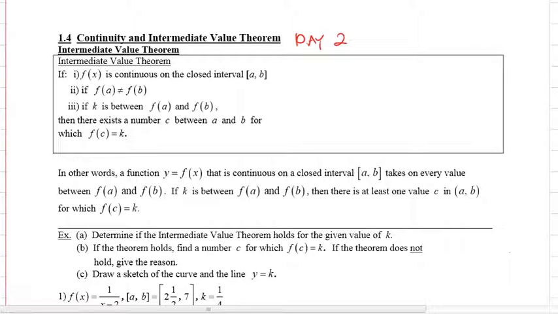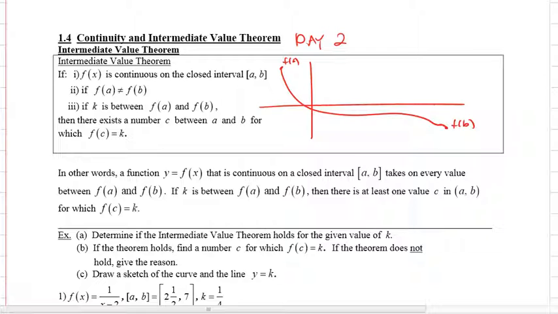It states that if a function is continuous on a closed interval, and f of a and f of b are not the same, so it's got to be always defined in between.